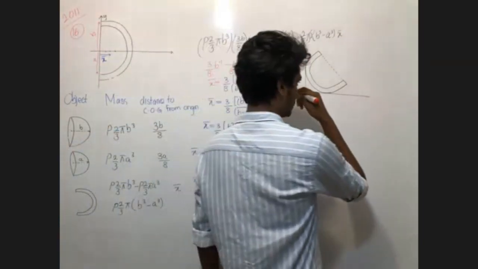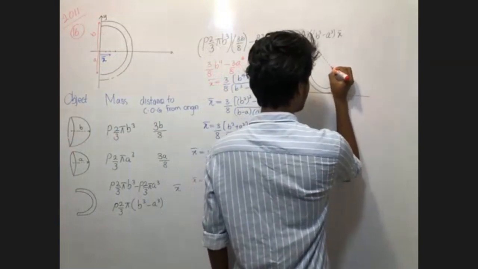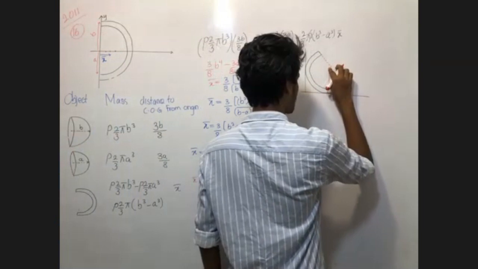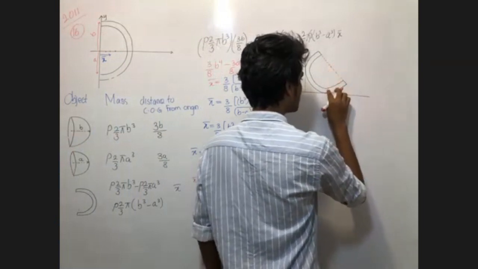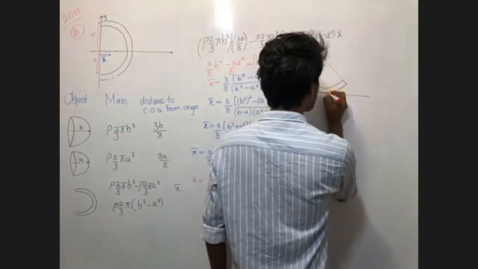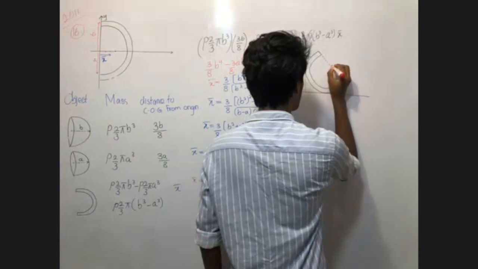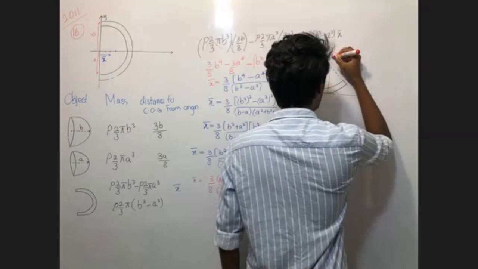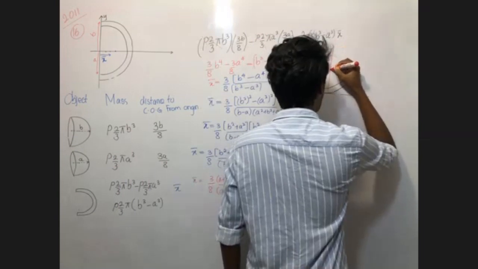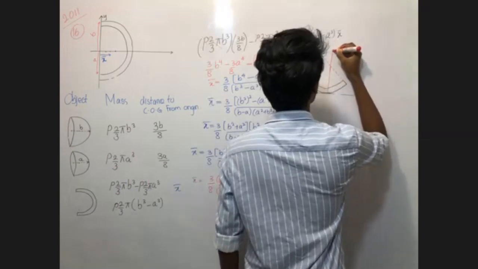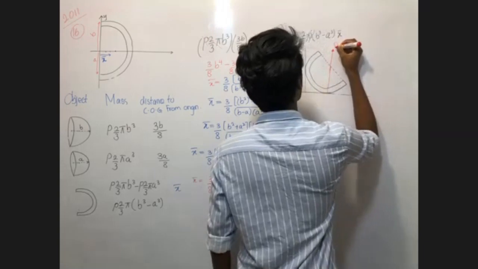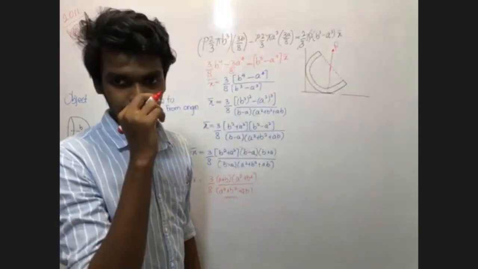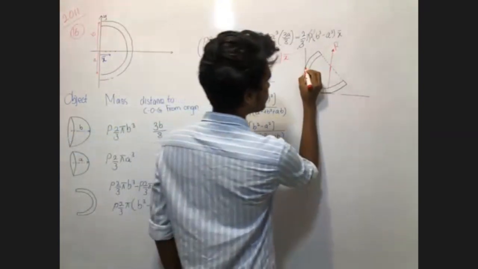So if this is the center, the reaction R will definitely go through the center. And then this reaction S also goes through the center.